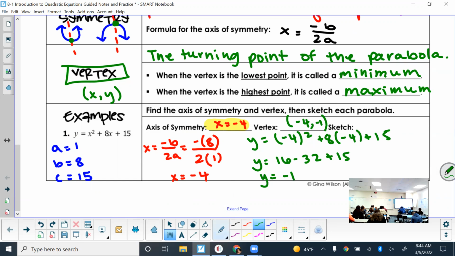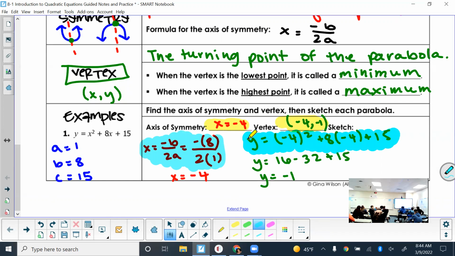Just know that when it comes to work that I want to see on your practice, I'll highlight it in blue. I want to see this part. And I want to see at a minimum this part. I want to see that you know that you plug it in to find the y.